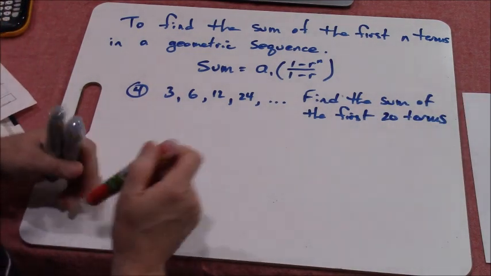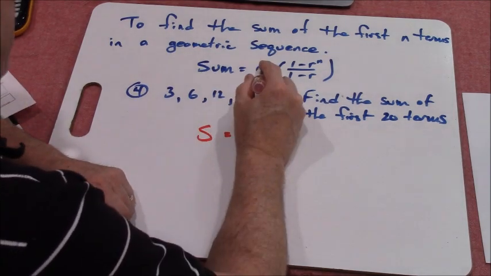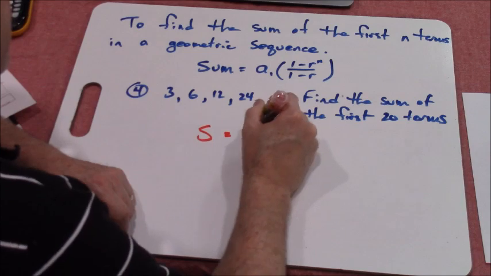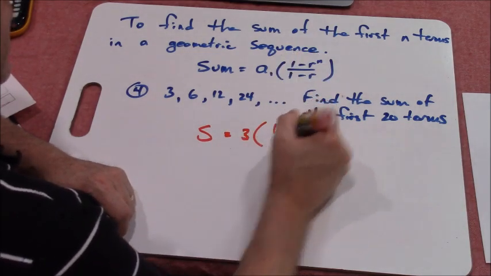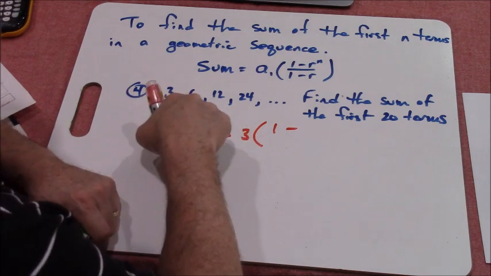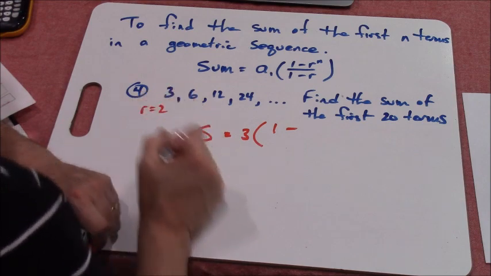Well, using this formula, I would just say that the sum is my first term, which is 3, times 1 minus, all right, so what's my r value? What am I multiplying by each time? Looks like r equals 2.